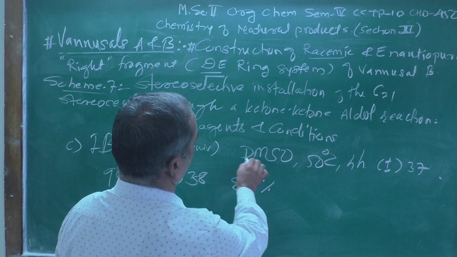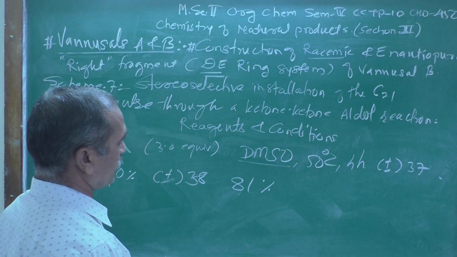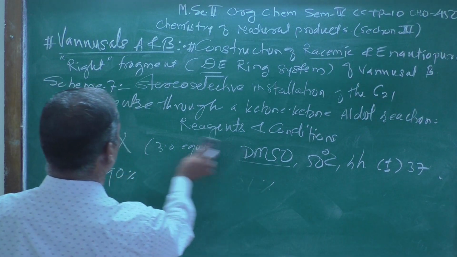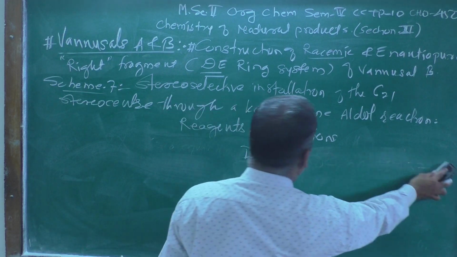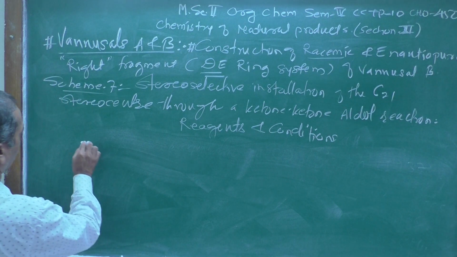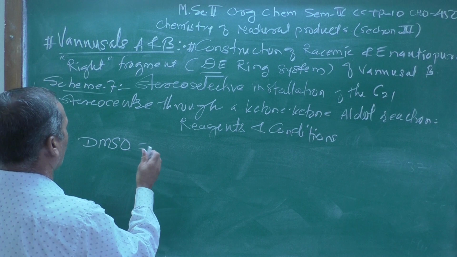Now, here DMSO is used as a solvent in this particular reaction. Let us see what DMSO means. What would be the structure of DMSO, and this acronym is generally used over here. DMSO means dimethyl sulfoxide.